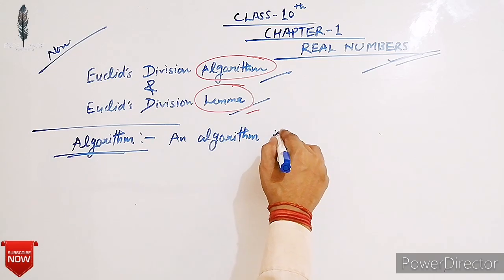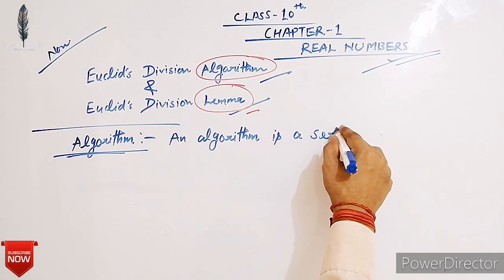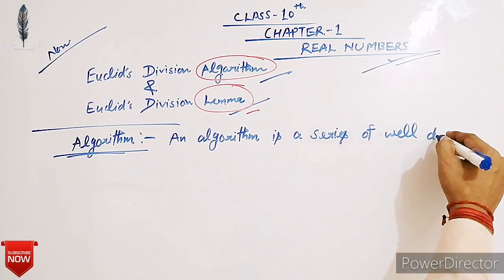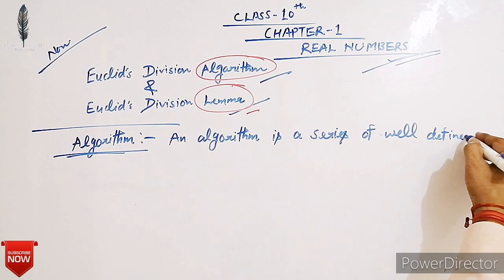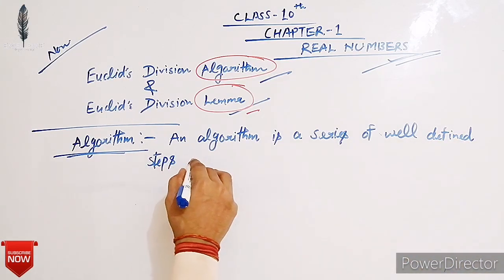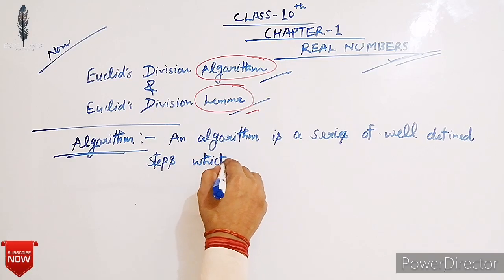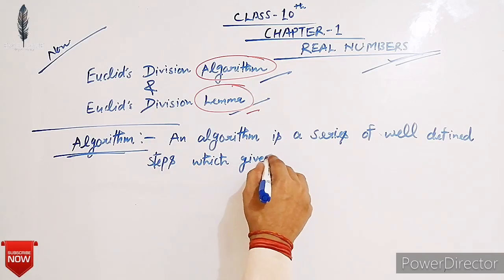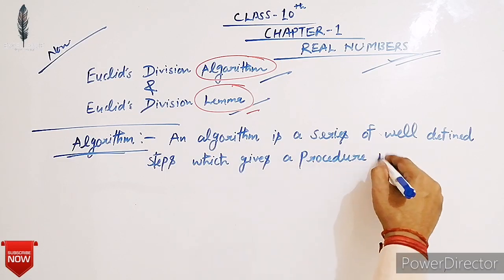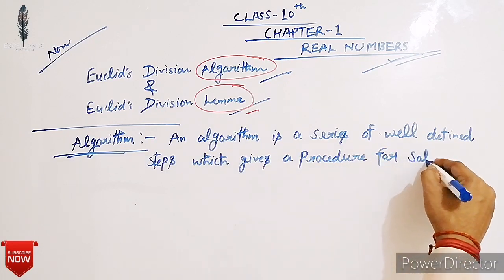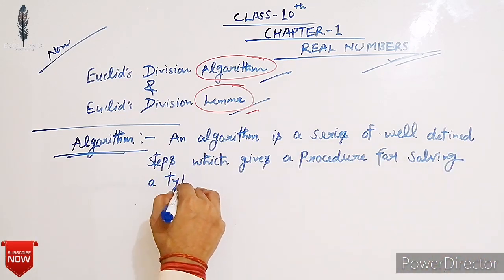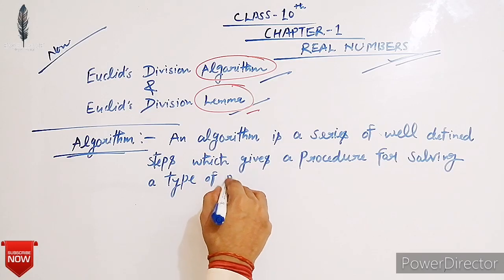An algorithm is a series of well-defined steps which gives a procedure for solving a type of problem.